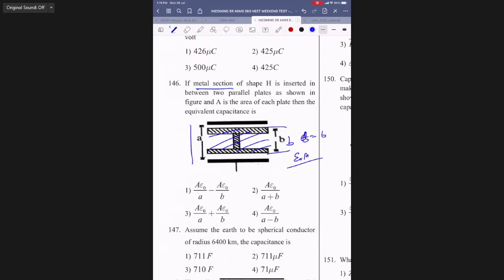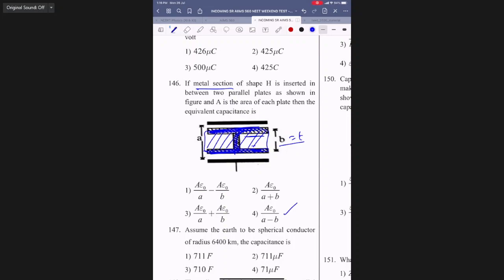Then epsilon naught A by d minus t. People can think, sir, in between is there, na? This will also act like a conductor, so there is no question of capacitance there. So the entire thing will be a slab of thickness t equal to b, so epsilon naught A by d minus t.